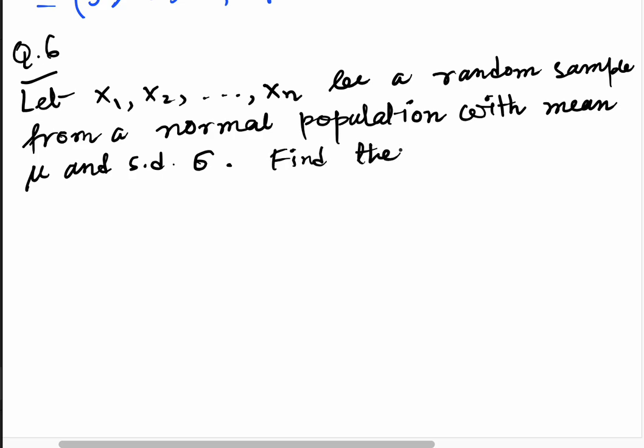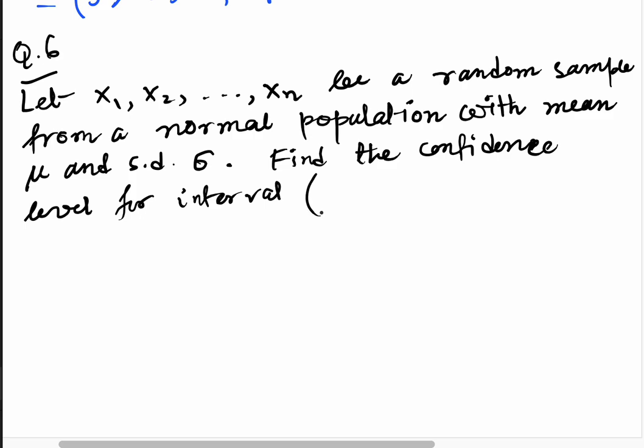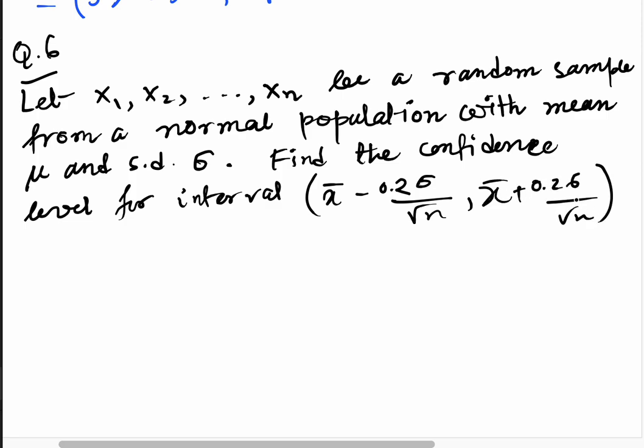Find the confidence level for the interval x bar minus 0.2 sigma by root 10 to x bar plus 0.2 sigma by root 10 of mu, where x bar is the sample mean.